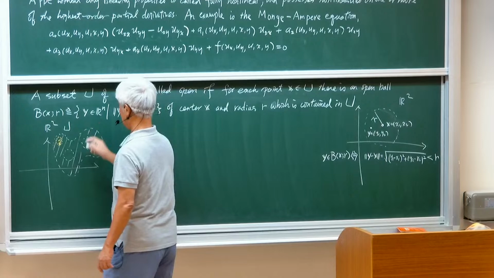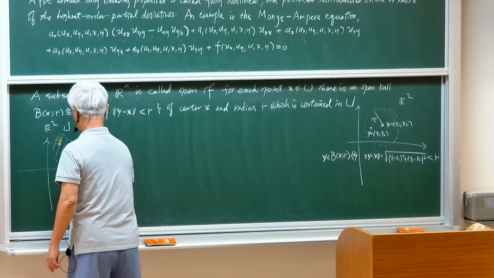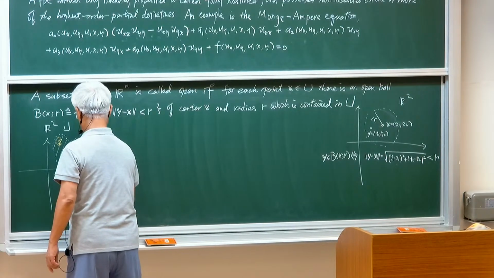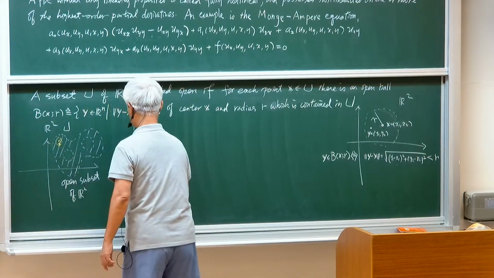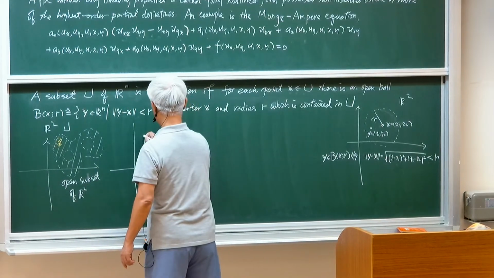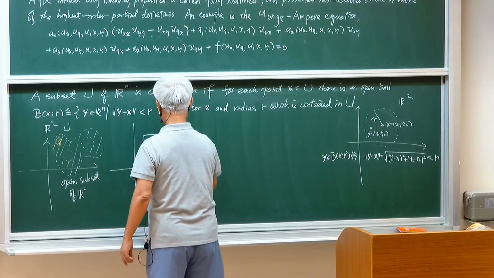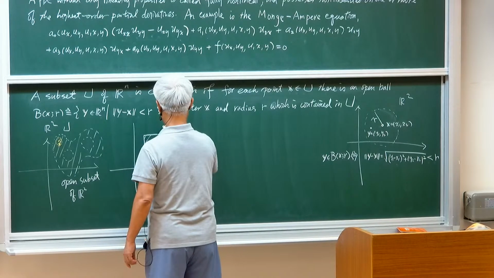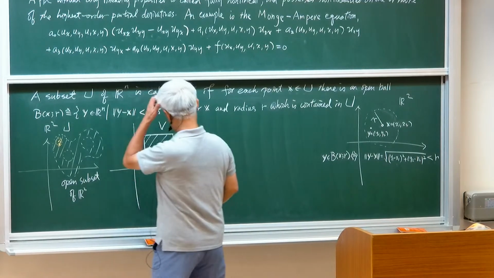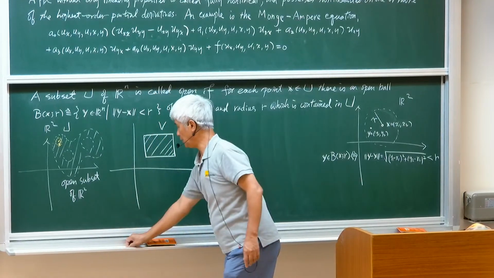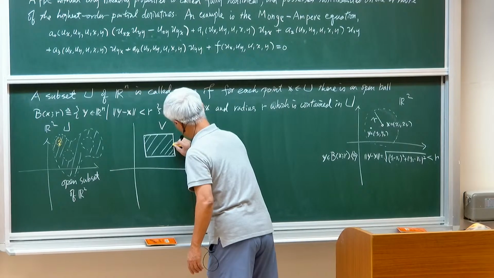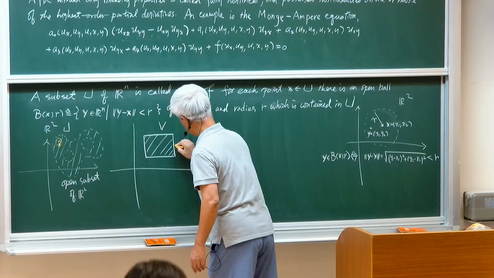So this is an open subset of R^2. But if you take a square including the boundary, this is V. Then you will see a point on the boundary here.